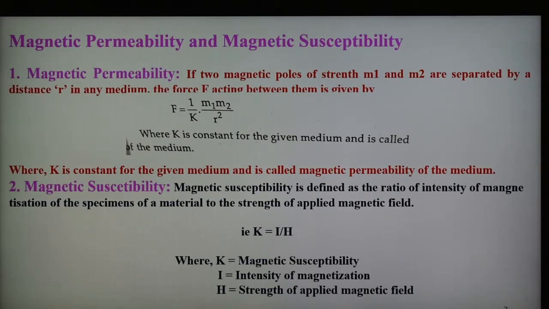It is denoted by the symbol χg, so χg = K/D, where D is the density of the material. Sometimes a more useful term is the molar magnetic susceptibility, represented by the symbol χm.